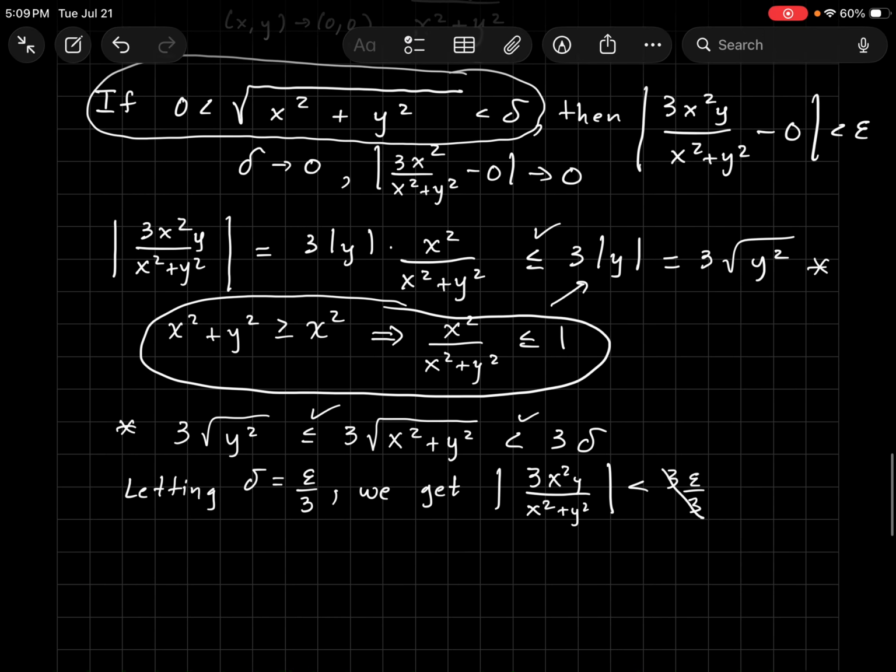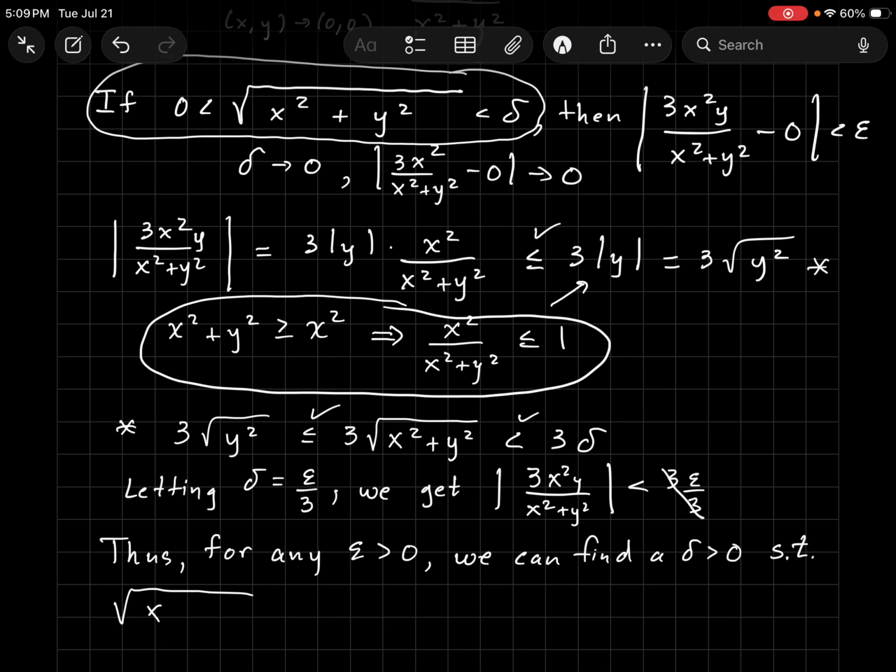To explain just a little bit more, what we've done here is saying for any epsilon greater than 0, we can find a delta greater than 0 such that the square root of x squared plus y squared less than delta implies f of xy minus 0 is less than epsilon.